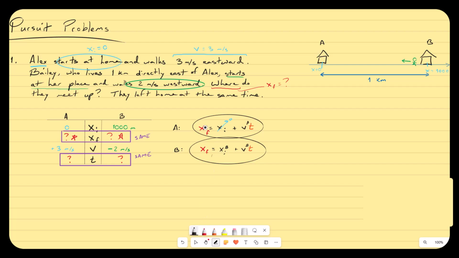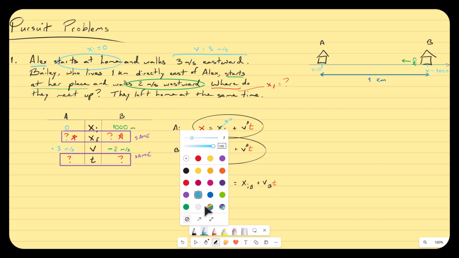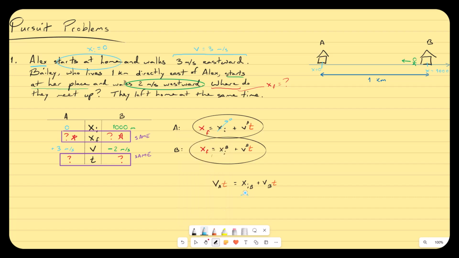Here we go. So this first one, x final, is v Alex times t, and that's going to be equal to this one, x initial Bailey plus v Bailey times t. I'm trying to get t by itself, so I'm going to subtract v Bailey times t from the right side and from the left.